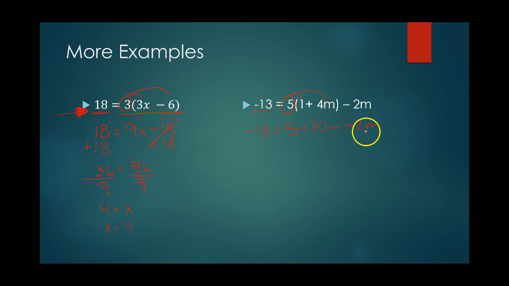Now I can do another step because I can combine these m's. So I have negative 13 equals 5 plus 20m minus 2m, which gives me a positive 18m. Now I can subtract the 5. 5 minus 5 is nothing. That gives me negative 18 equals 18m. Divide by the coefficient to get 1. Do the same thing over here, and I get negative 1.